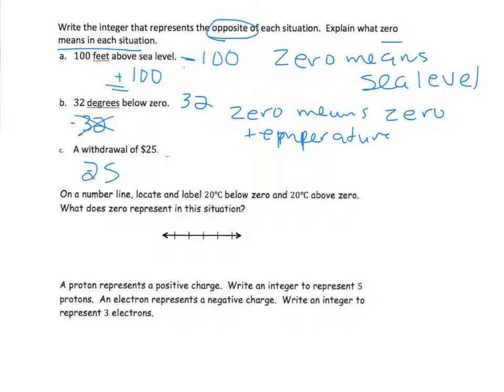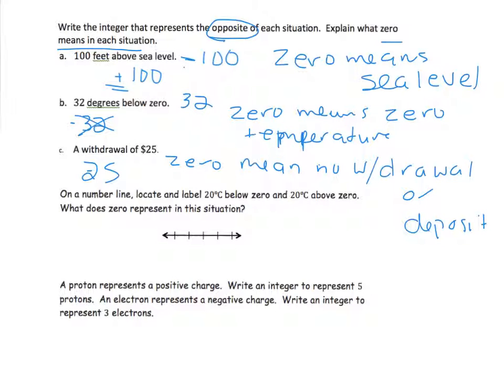And in this case, 0 means no withdrawal or deposit. So when we talk about explaining what 0 means in the situation, we have to talk about not just 0, we have to put it in the context of the problem.